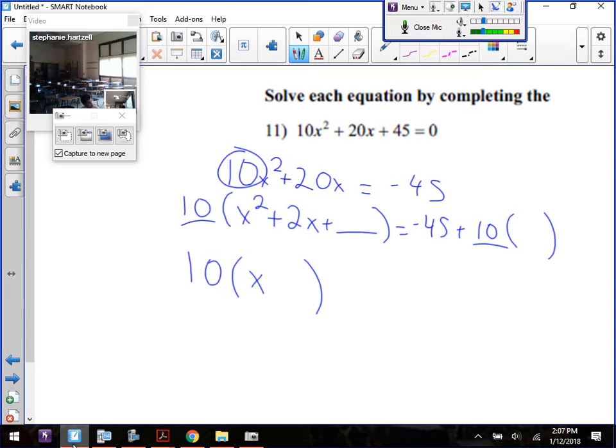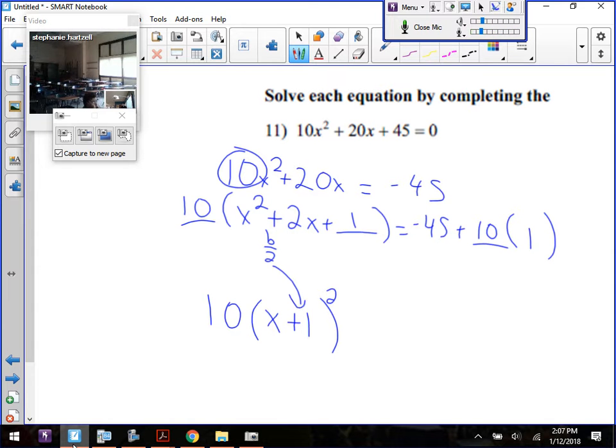Whatever you take half of, you drop down and you square it. What's 1 squared? 1, and you add it to both sides. Whenever you complete the square, you take half of b, and it drops here. When you square it, it goes there.